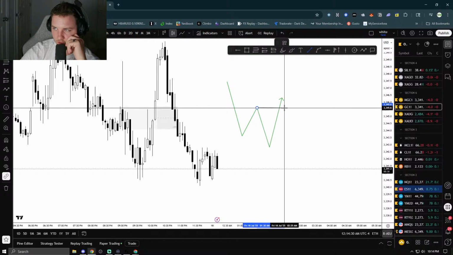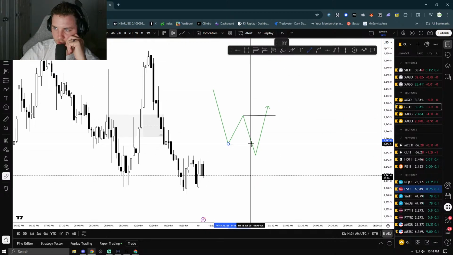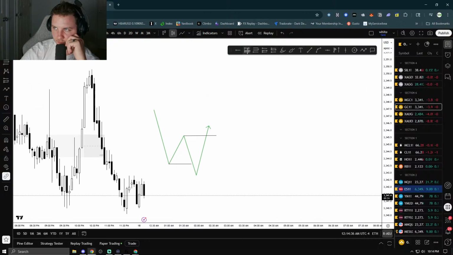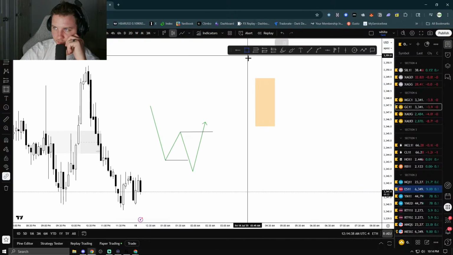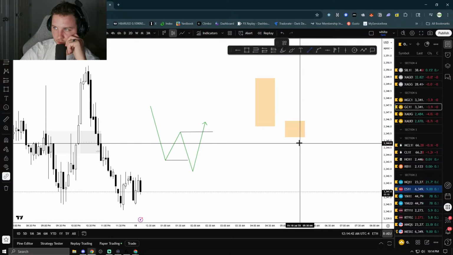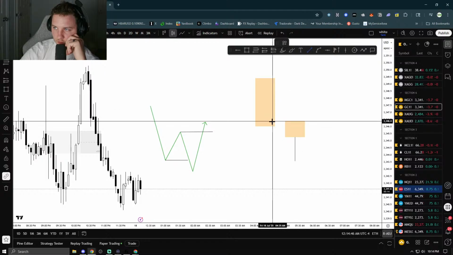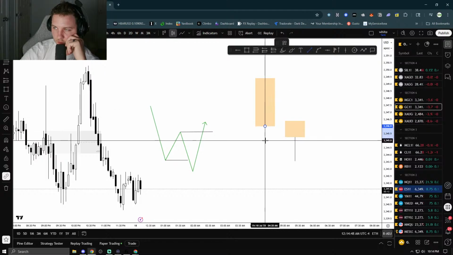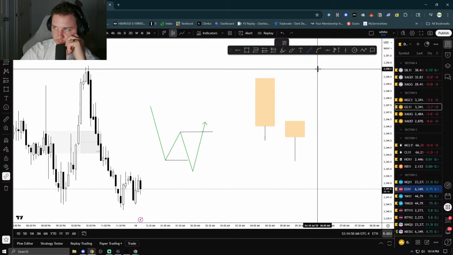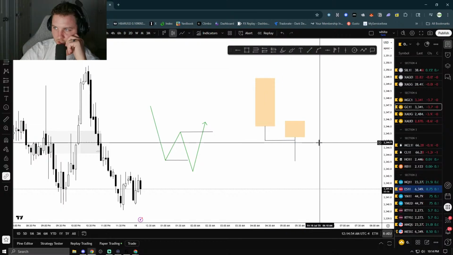This is a reversal, right? This is C2. So if we were to go like this, right, this is legit what the schematic looks like.